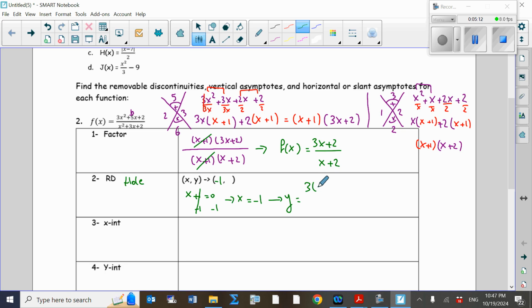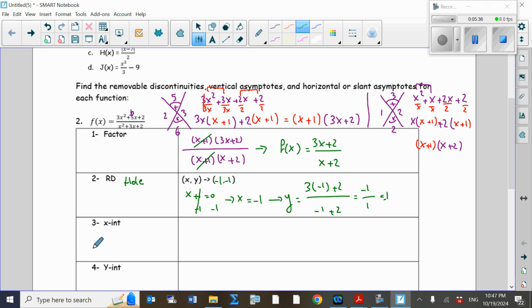So 3 times negative 1 plus 2, over negative 1 plus 2. 3 times negative 1 is negative 3, negative 3 plus 2 is negative 1. Negative 1 plus 2 is 1, so it's negative 1. So negative 1 and negative 1 is the hole.